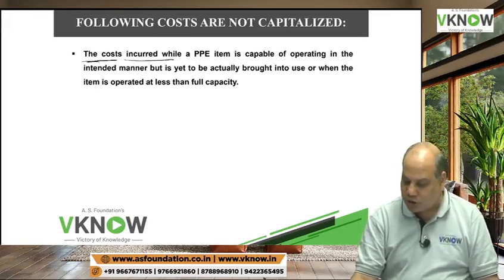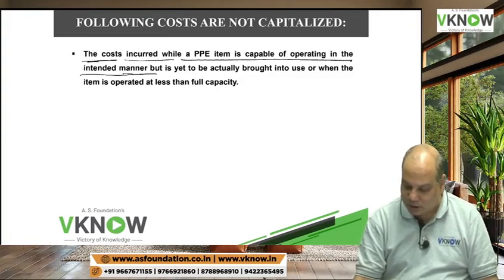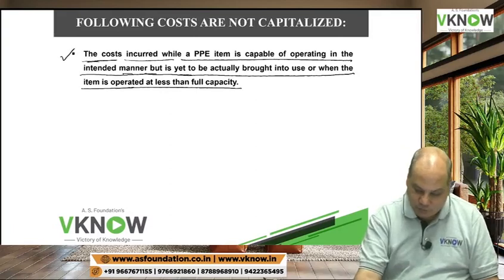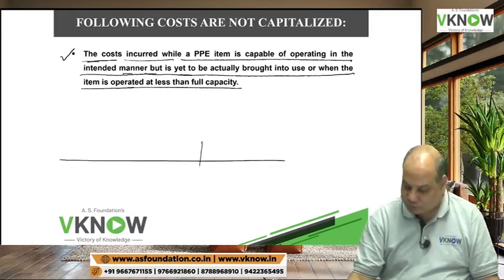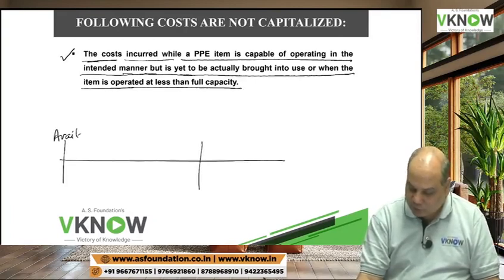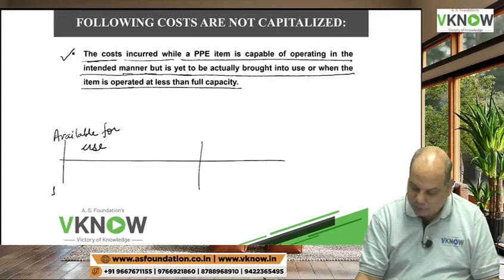The cost incurred while a PPE item is capable of operating in the manner intended but is yet to be actually brought into use, or when the item is operating at less than full capacity. Very important. This asset is available for use. Asset is available for use from 1/4/2022.